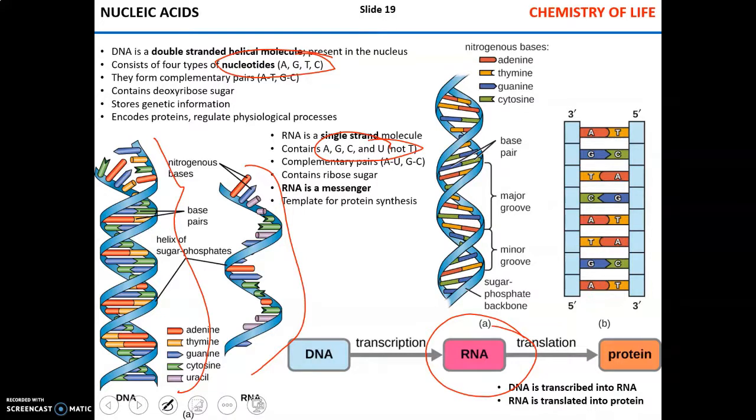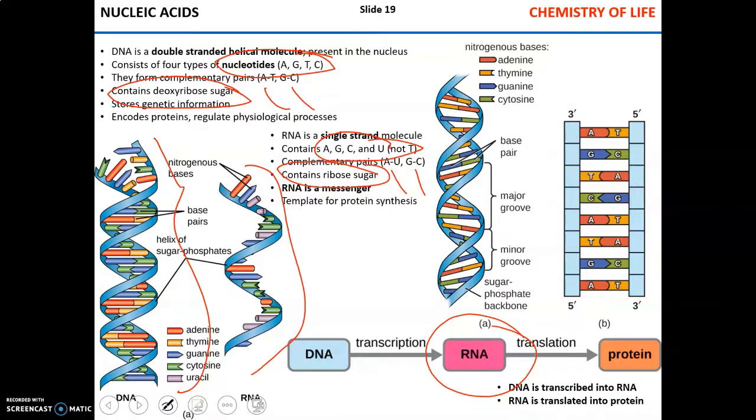In DNA, it's AT and GC. In RNA, it's AU and GC. The main difference between RNA and DNA nucleotides, in addition, it's not T but U, is that in DNA, nucleotide contains deoxyribose sugar. And in the RNA, it contains ribose sugar.